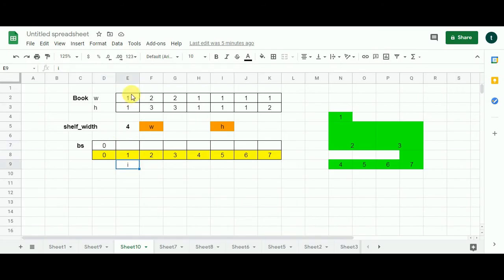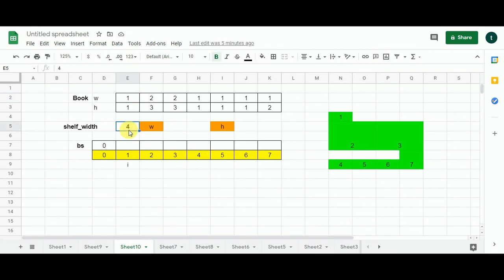This book, the cell for which we are calculating the height, will be represented by I. So let's consider book number 1. When only book number 1 is given to us, we have to place it in rack number 1. We just have to confirm that its width is less than the shelf width, which it is, because 1 is less than 4.